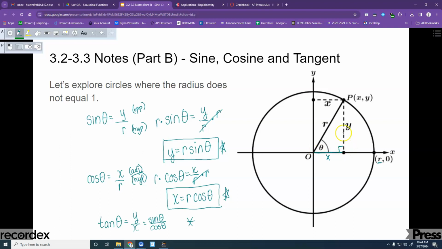If I take y over x, that is like my change in y over my change in x, since I'm starting at 0, 0. So tangent of theta is always the slope of the terminal ray.